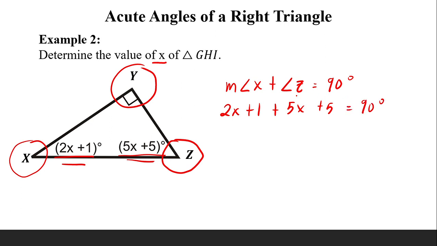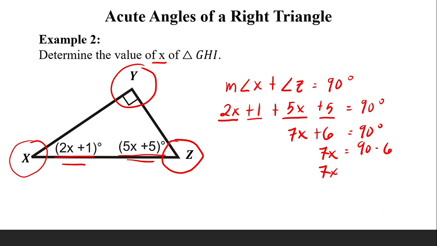Combining like terms, 2x plus 5x is 7x, and 1 plus 5 is 6, so 7x plus 6 is equal to 90 degrees. Retain 7x, and that is equal to 90 minus 6 by the subtraction property.